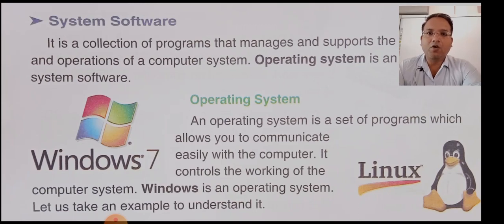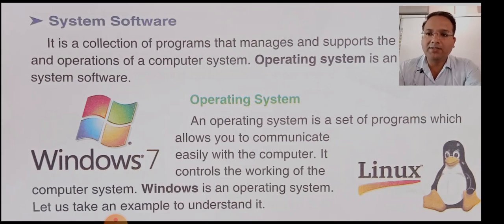It manages all the resources of the computer system. So we can say that operating system is a resource manager. You can easily work on the computer system with the help of the operating system. It controls the working of the computer system. Windows is an operating system.